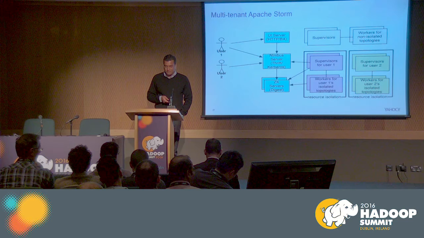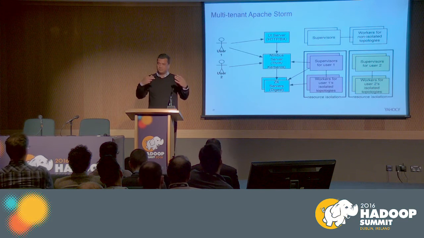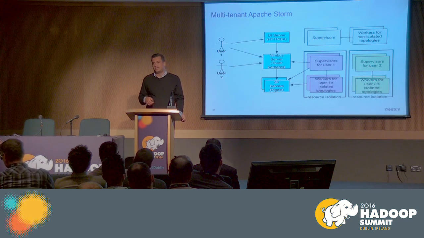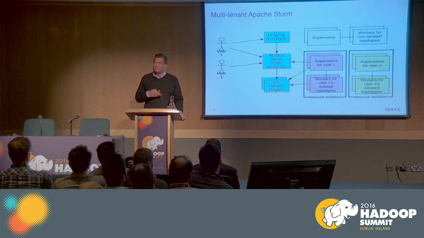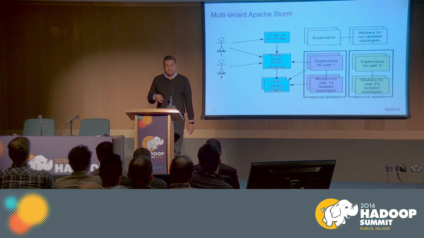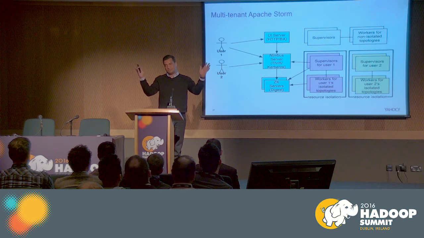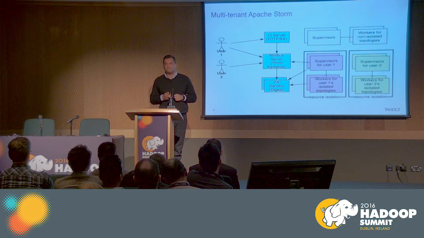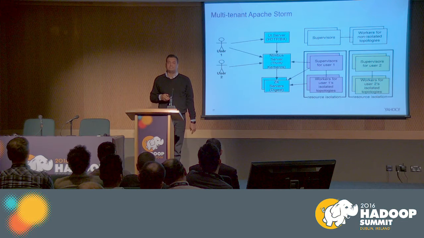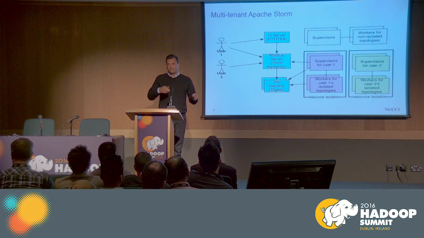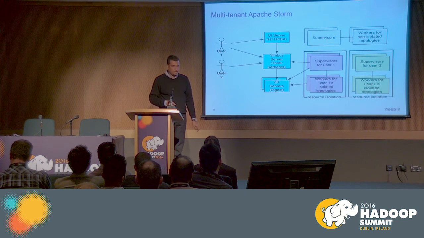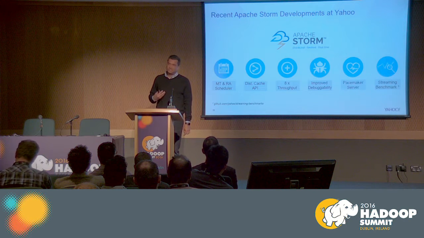Okay, I'm really short on time, so I'll be very fast. With Storm, we run multiple tenants' topologies on the same Storm cluster, and we started playing around with the scheduler. It went through evolution. We built something called the isolation scheduler. We would give a set of supervisors to specific tenants, basically dedicated machines in the same cluster. And then we kept moving on. Now we're at this incarnation called the resource-aware scheduler.